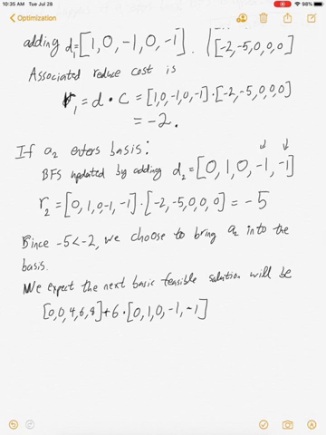And again, I can't choose something more than 6, because if I chose something more than 6, then the fourth coordinate would be negative.